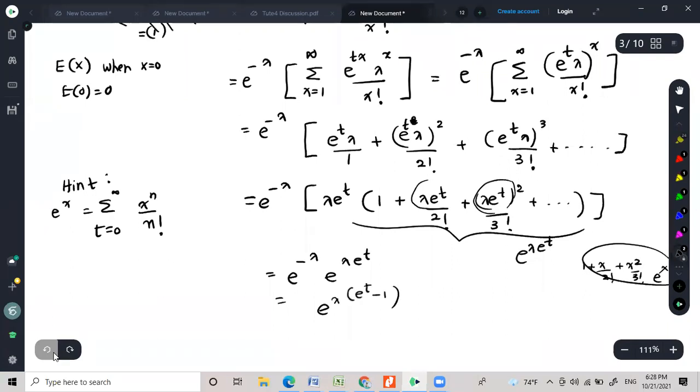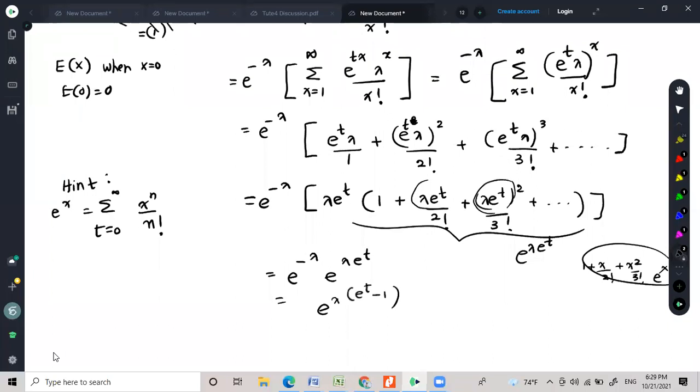E to the lambda times e to the t minus 1. You can clearly see that if you combine the same base, negative lambda plus lambda e to the t, you'll get e to the lambda times e to the t minus 1.